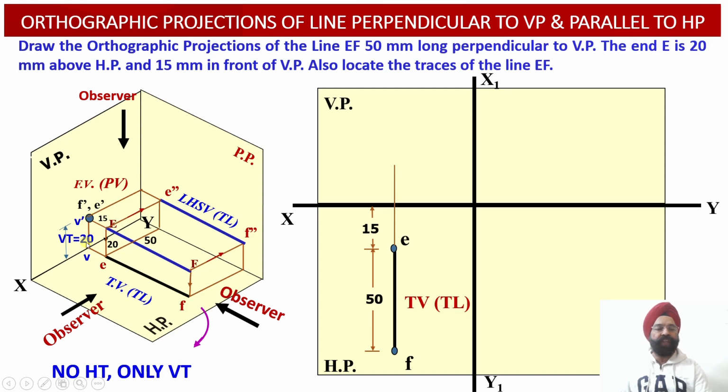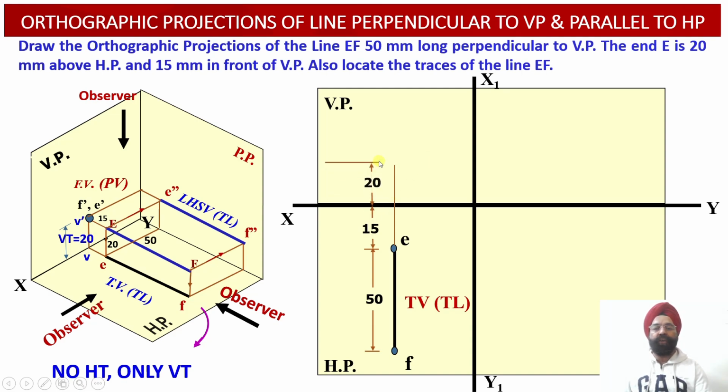So the front view projection will be a point view projection F dash, E dash. The distance between E dash and F dash will be 0 so that we obtain a point view projection, and both of these points will be located at a height of 20 millimeter above the XY reference line, or above the horizontal plane.